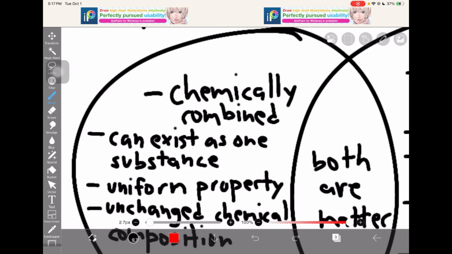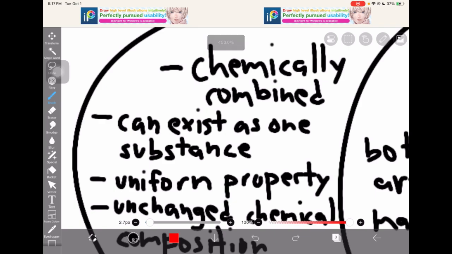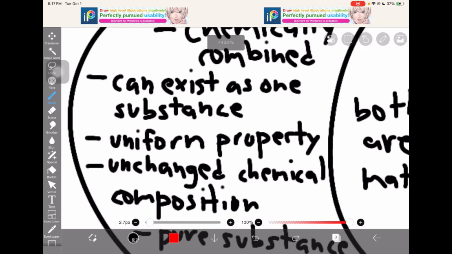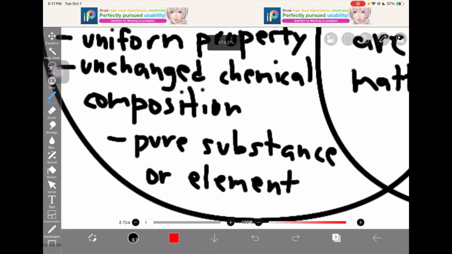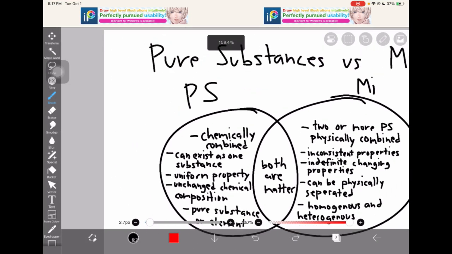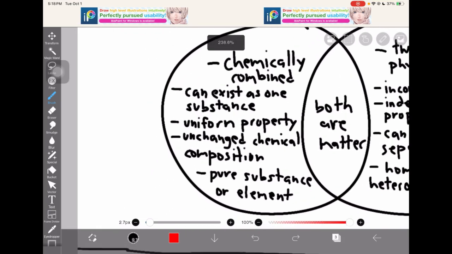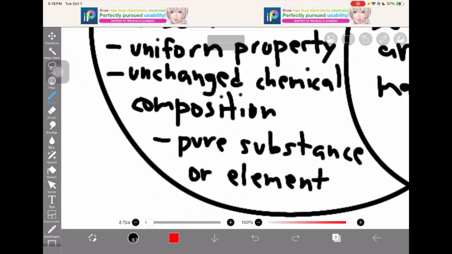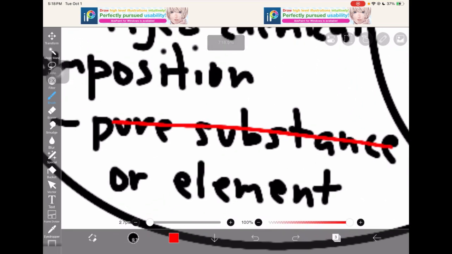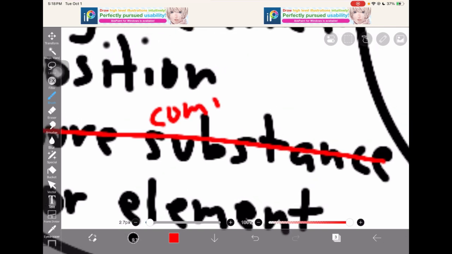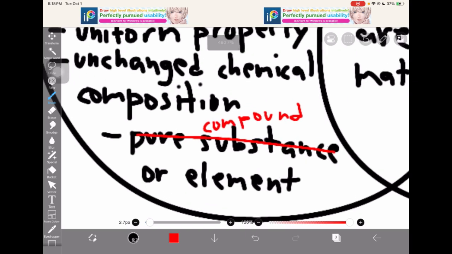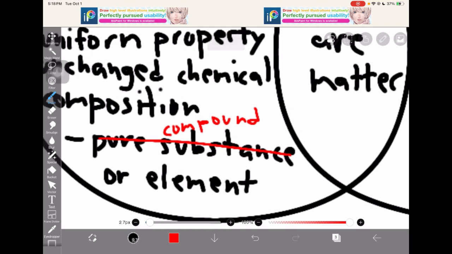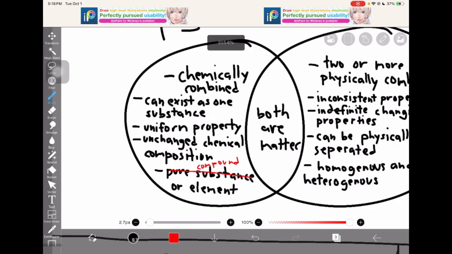No, they've gone through a chemical reaction, and these can exist as one substance, as well as having uniform properties and unchanged chemical compositions. These pure substances can be classified as a compound or an element. Please disregard the earlier slip, I didn't check properly. So it's a compound or an element.